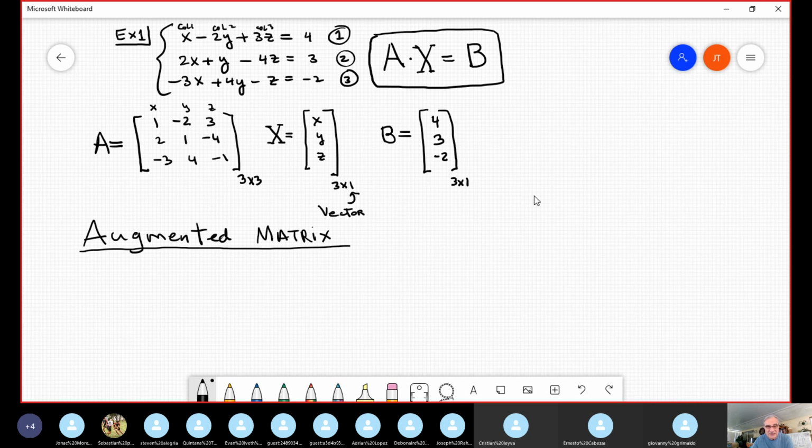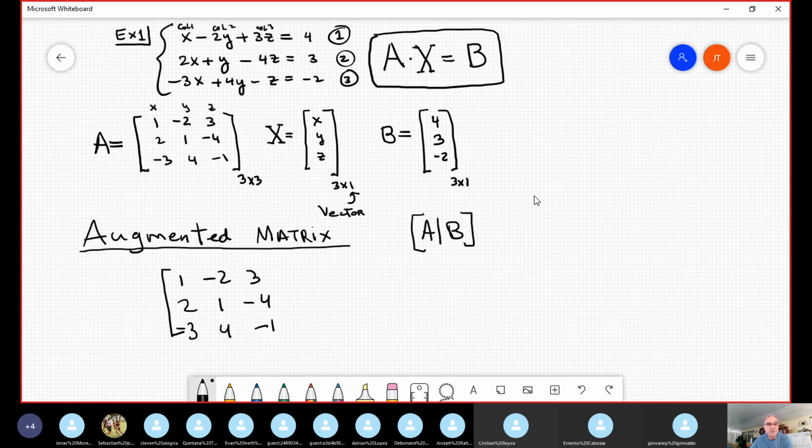We are doing it in a simpler, easier way. You copy A, so you form one matrix, the augmented matrix, with A and B together without X. So you copy A: 1, negative 2, 3, 2, 1, negative 4, negative 3, 4, and negative 1. And you separate by one line.